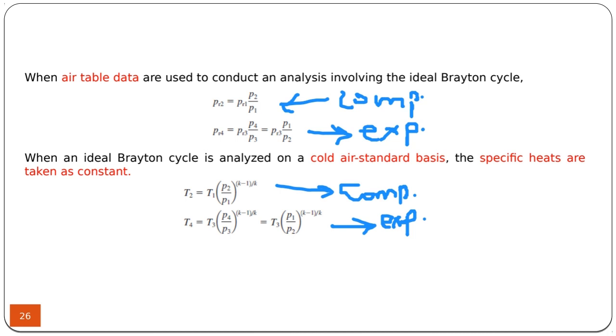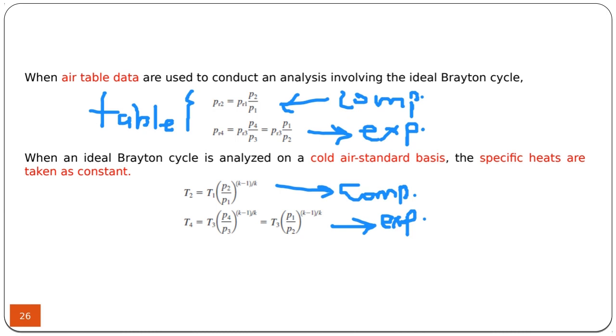and the temperature at the end of the expansion by this calculation. However, if it's an air standard cycle for which you need to use the tables, then you have to go to the table to find out the PR values. Here we are using the PRs because we work with the pressures. We're not interested in compression ratio, which is the ratio of the volumes for the internal combustion engines.